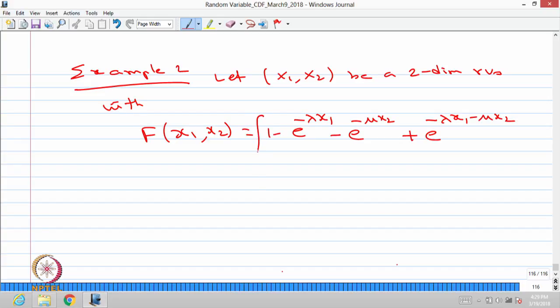This is the value when both x1 and x2 lie between 0 and infinity, otherwise it is 0.